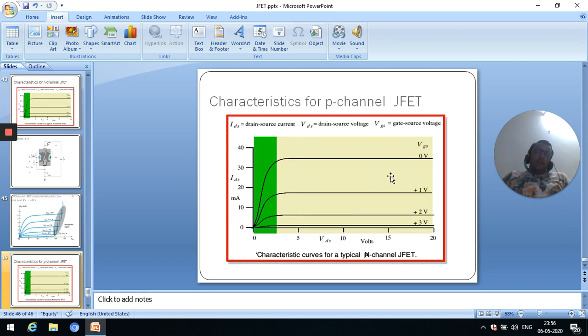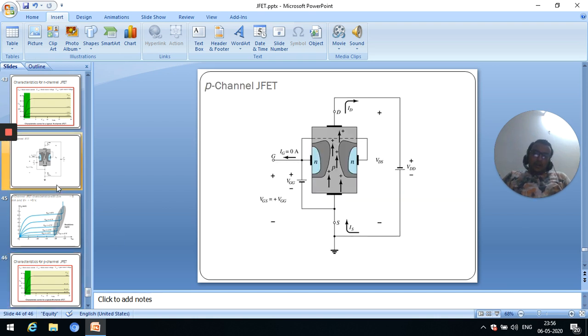And this one is for the p-channel JFET: VGS equal to 0 gives maximum current, but if you want to control the current, then VGS equal to positive, obviously. In the p-channel JFET, drain becomes a p-terminal, source becomes a p-terminal, but the gate becomes an n-terminal.